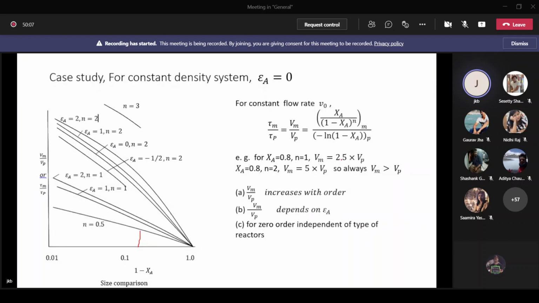So for the selection of type of reactor, you should take the help of this chart. Which reactor is taking how much size, and what is the difference ratio in between Vm to Vp. Or numerical problems you can solve using this chart.